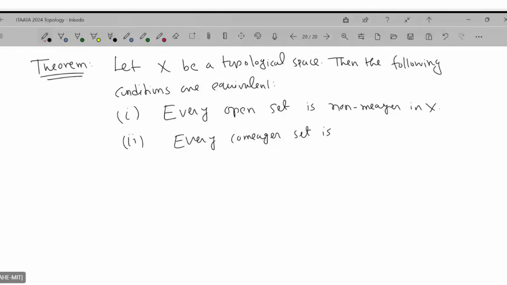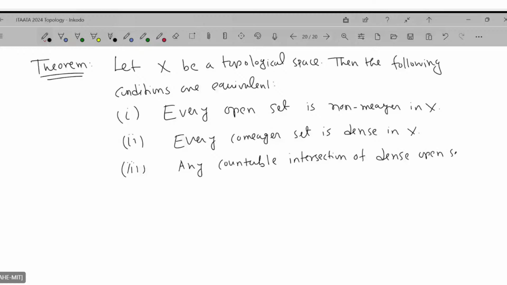Third condition, any countable intersection of dense open sets of X is dense in X. So these three conditions are equivalent.